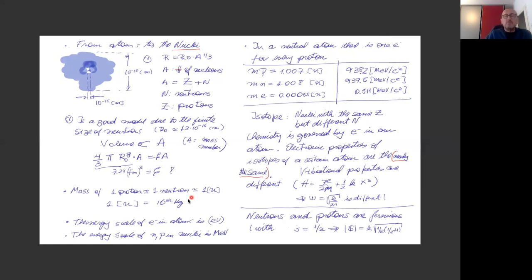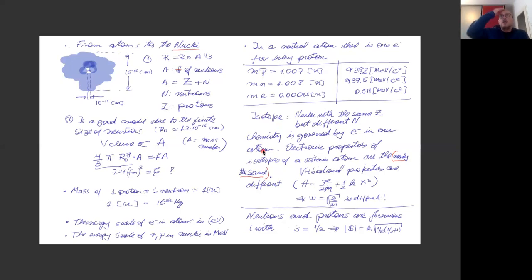So there's an important language we have to start to define here: the isotope. What is an isotope? The name of an element in particular has to do with the Z, the charge of the proton. Okay, helium is 2. What does it mean? That it has 2 protons inside, and it has 2 electrons on the outside, the neutral particle.